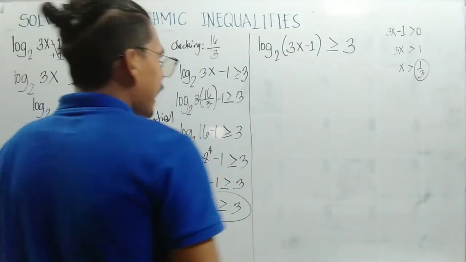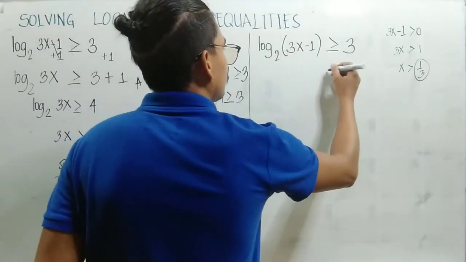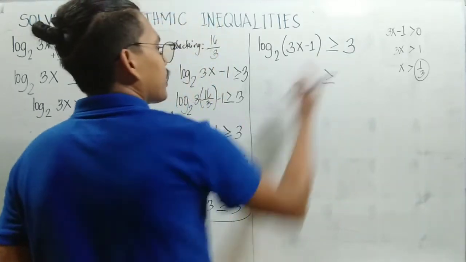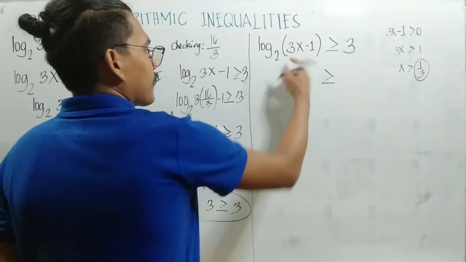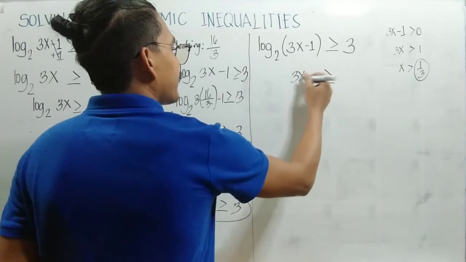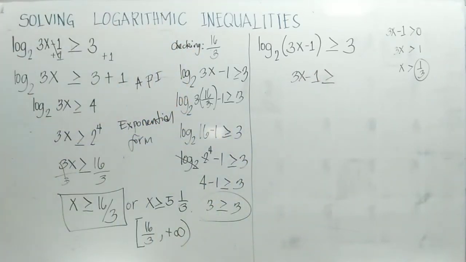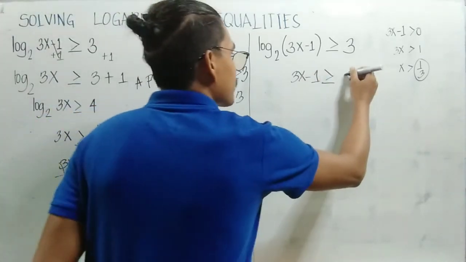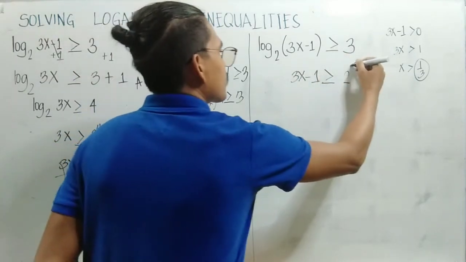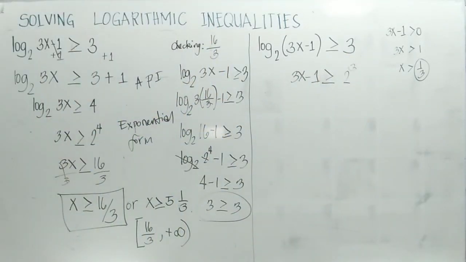Okay, solving, following your inequality symbol, let's write 3x minus 1 here. Then your base is 2 raised to 3.